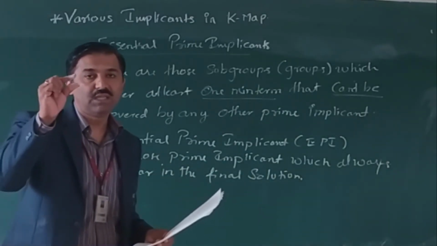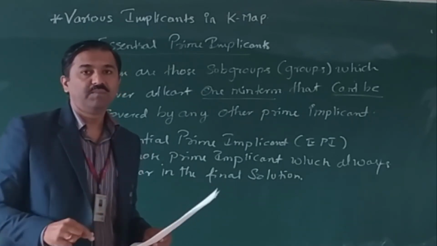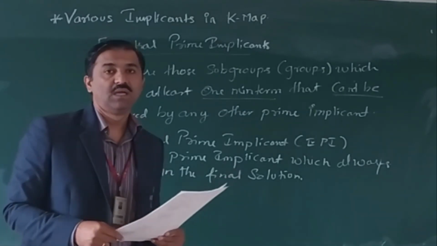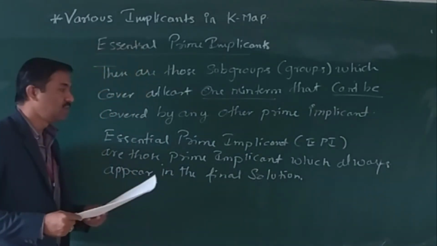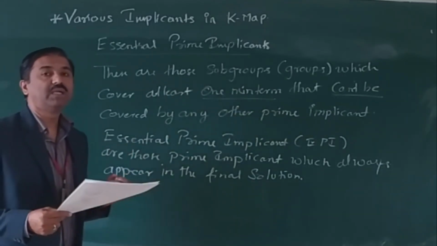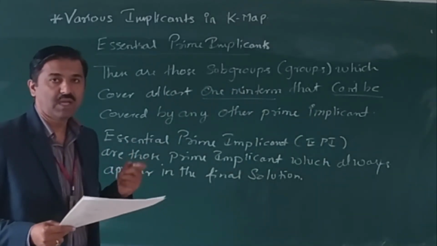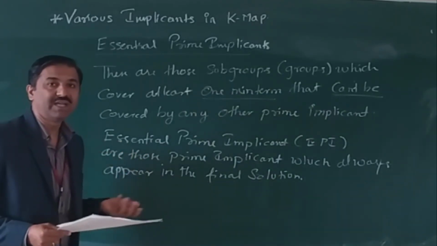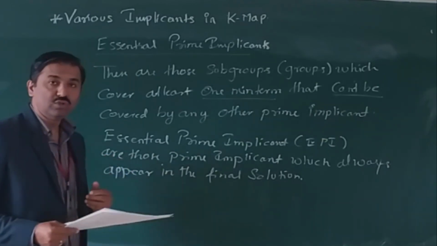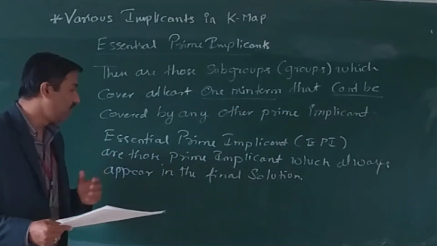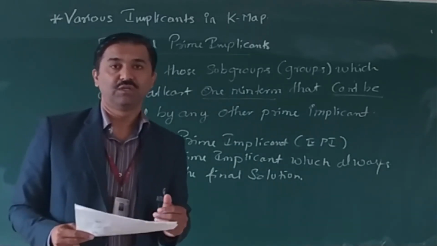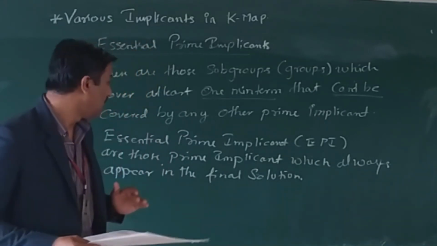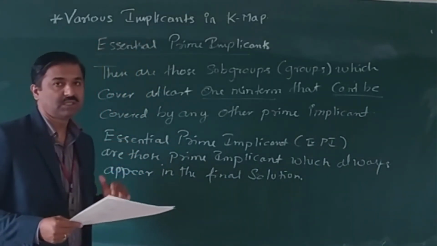So you have to see the min term which has not been covered by any other prime implicant. Such an implicant is called an essential prime implicant. The essential prime implicants, or EPI, are those prime implicants which always appear in the final solution. That is what the definition suggests.